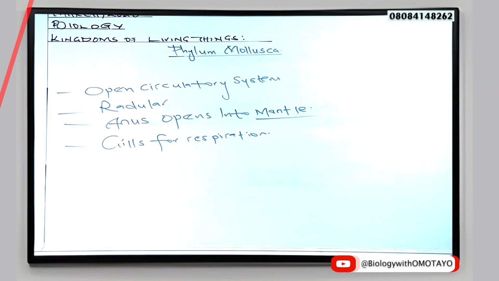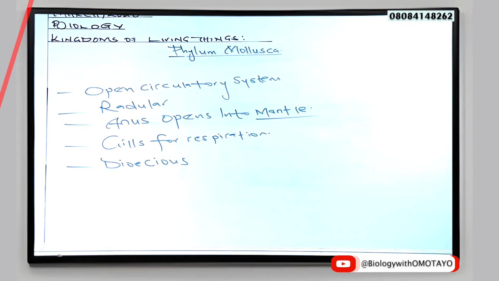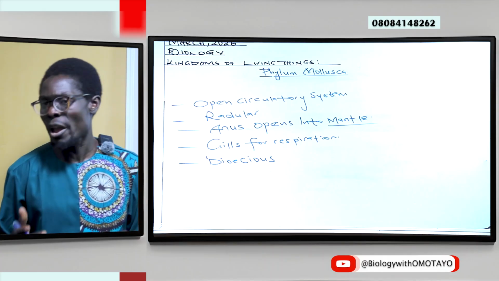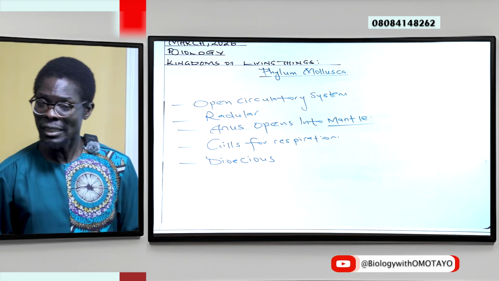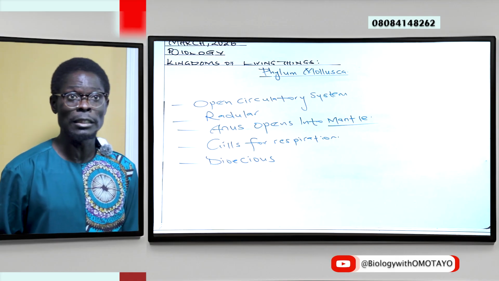They are equally dioecious. When we say dioecious, we mean that male and female gonads are on different organisms. However, we have a few exceptions that are hermaphroditic in nature, like the snail.